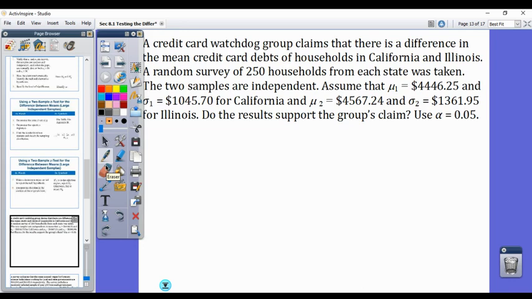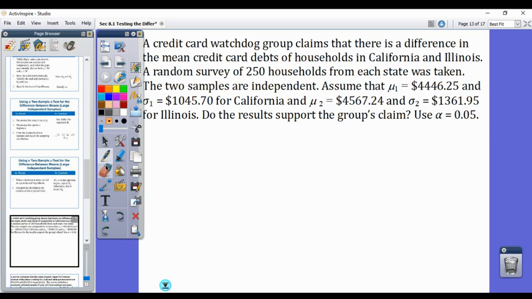A credit card watchdog group claims that there is a difference in the mean credit debt in households in California versus Illinois. A random survey of 250 households from each state was taken. The two samples are independent. Assume that mu 1 is $4,446.25, and the standard deviation that goes with that is $1,045.70 for California.